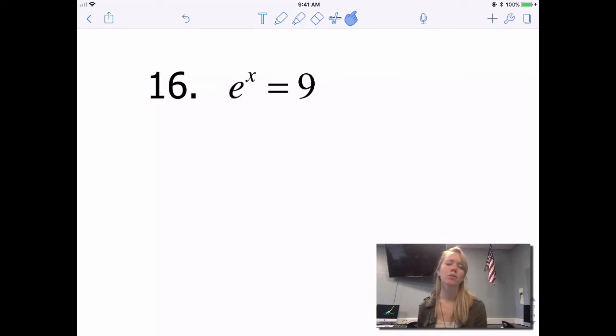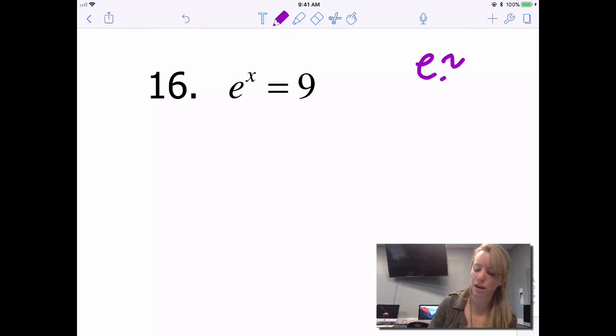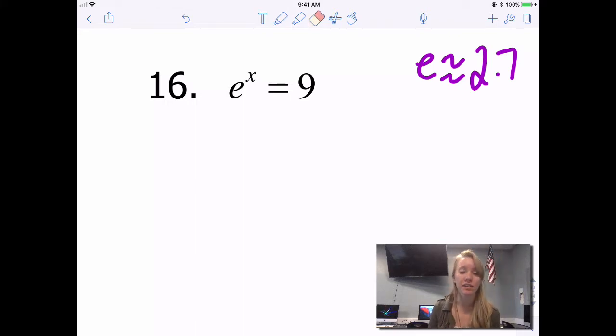Number 16 is kind of a weird one. I have e to the x equals 9. Now, remember e is approximately equal to 2.71-ish. So this is like 2.7 to what power gives me 9? So what I'm going to do is rewrite this in log form.